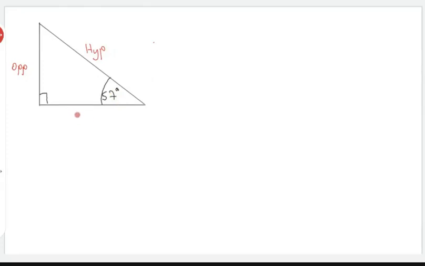Then with this next one, we've got adjacent because it's adjacent to the angle that we're working with, or next to the angle, which is what adjacent means. So the full words are over here: opposite, adjacent, and hypotenuse.